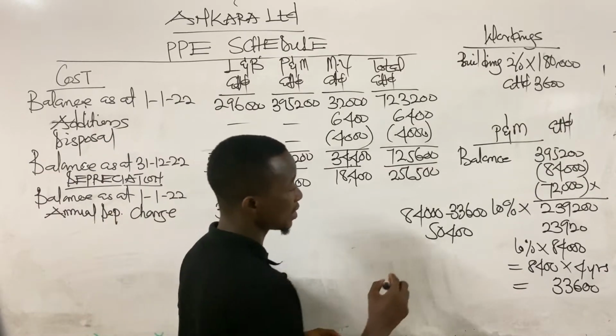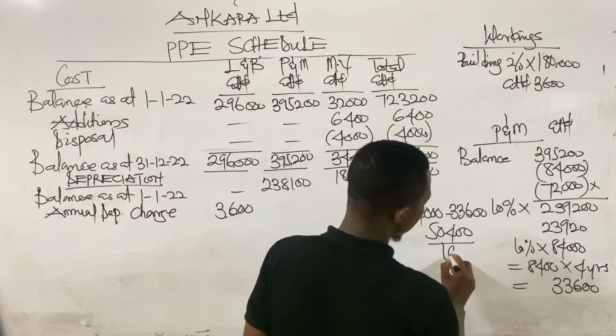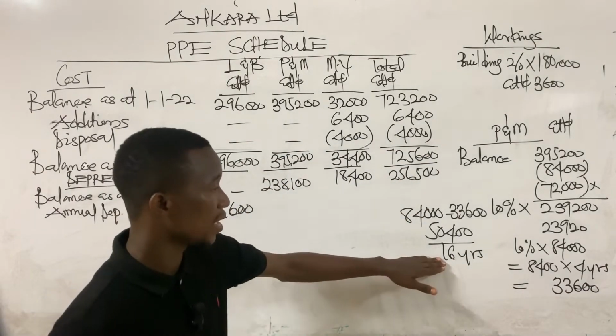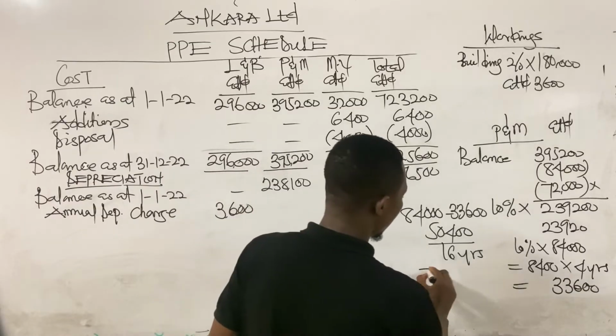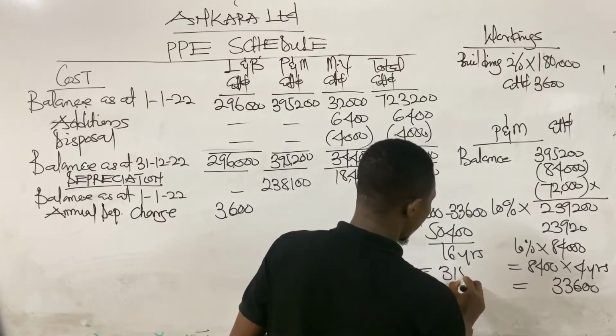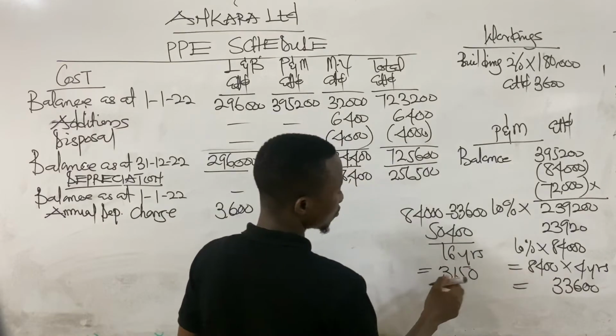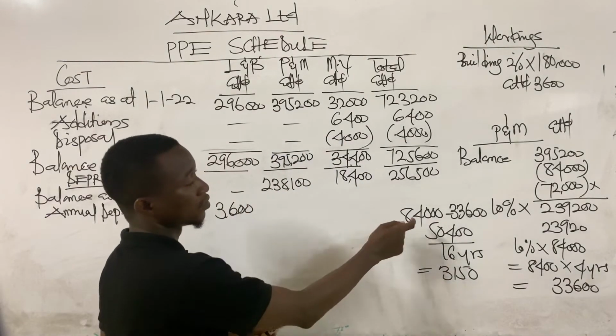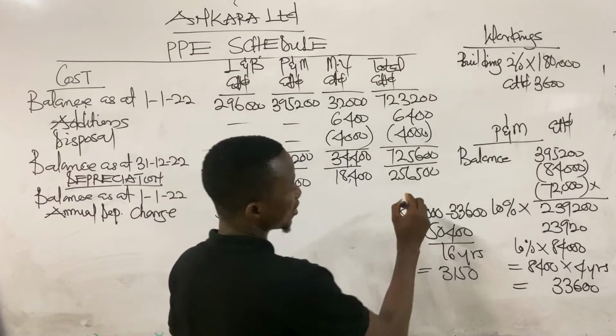We can now use the estimated useful life to determine its annual depreciation charge, and that is 16 years. Is that okay? So with this, we will get an amount of 3,150 as the annual depreciation charge for 2022. Is that okay?